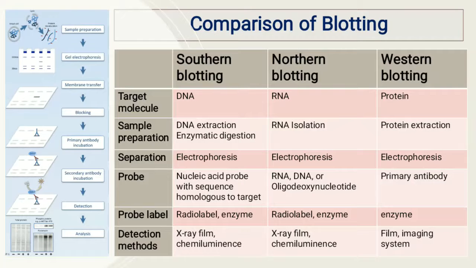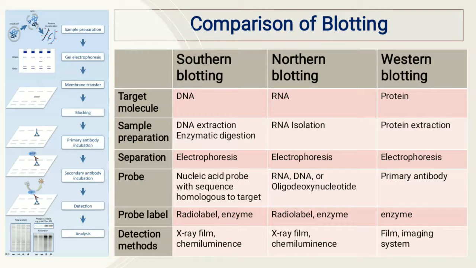Next is a comparison of all these blotting techniques: Southern blotting, Northern blotting and Western blotting. First of all, the target molecule. In Southern blotting, our target molecule is DNA, whereas in Northern blotting, RNA is our target molecule, and in Western blotting, protein is our target macromolecule.